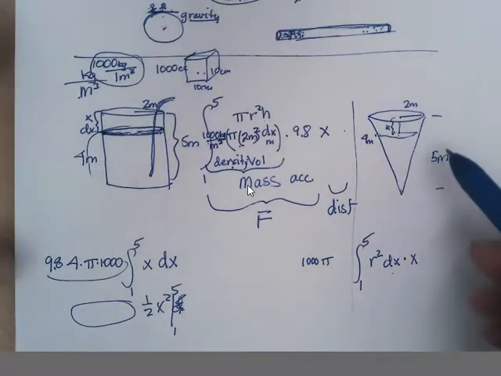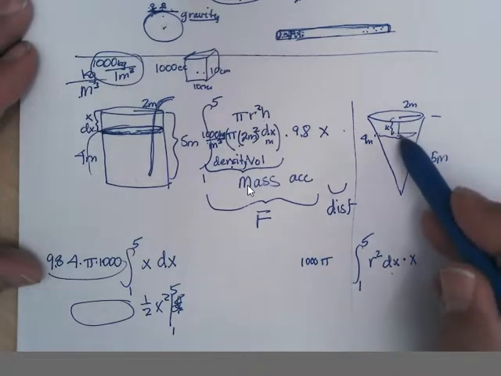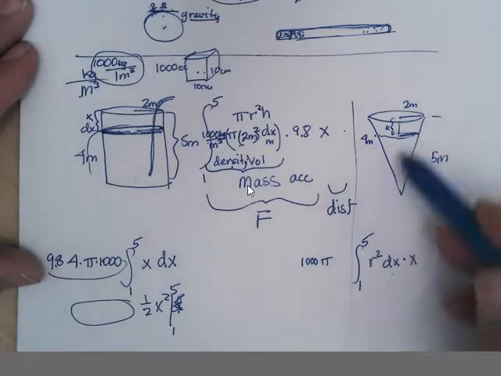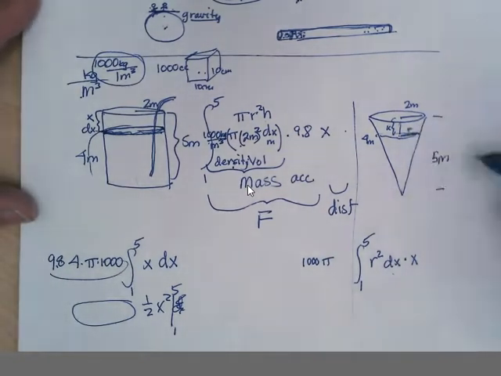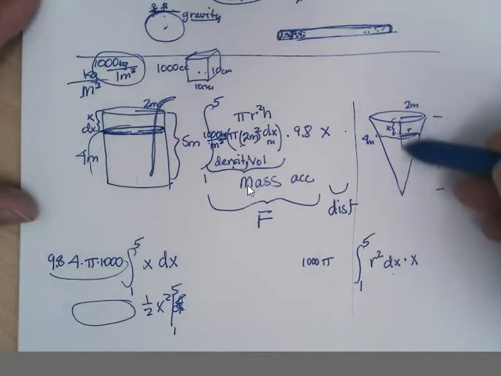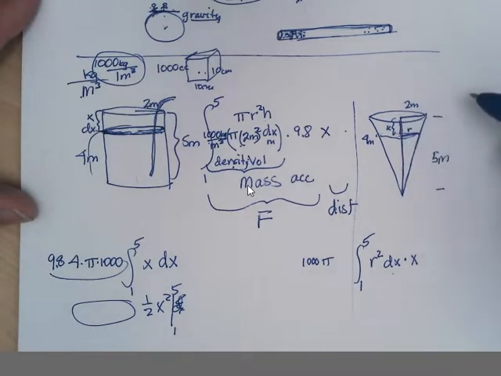Now, what is r in this case? Well, r is changing as we go down the tank, so we have to come up with an equation for the r. Well, I believe we have some triangles here that we can make a ratio for.